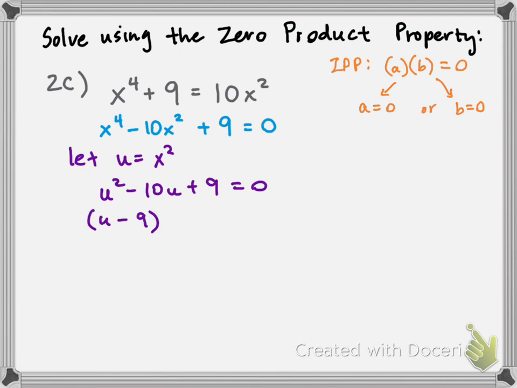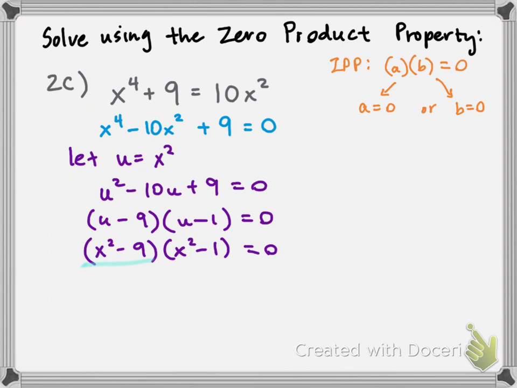So u minus 9 and u minus 1 equals 0. But I didn't start with u, I started with x squared. So I have x squared minus 9 times x squared minus 1 equals 0. Oh, but what do you notice about these two things? You should be saying it super loud.